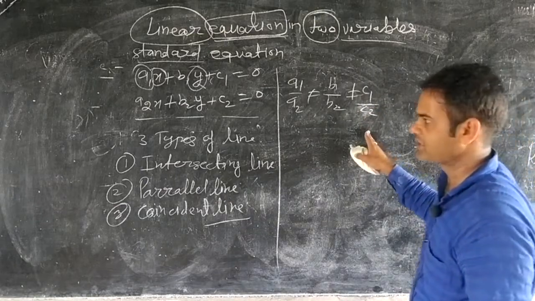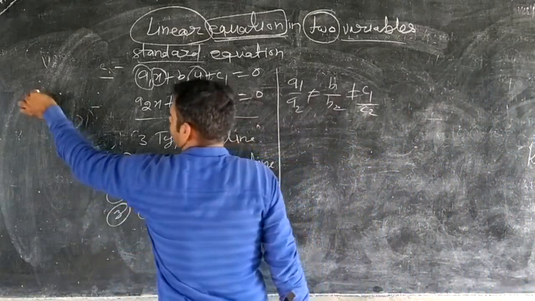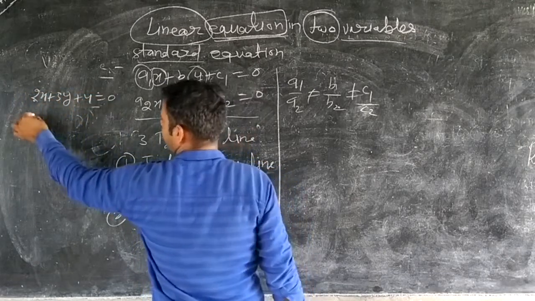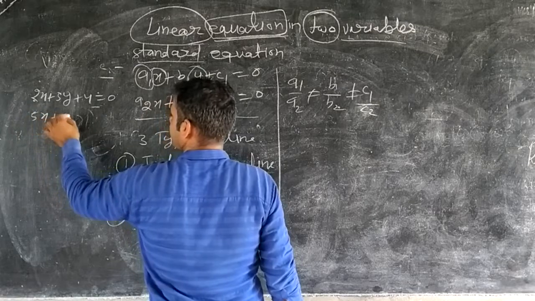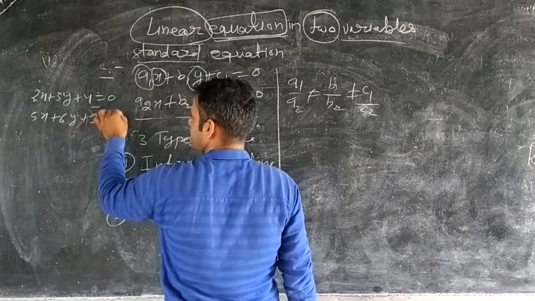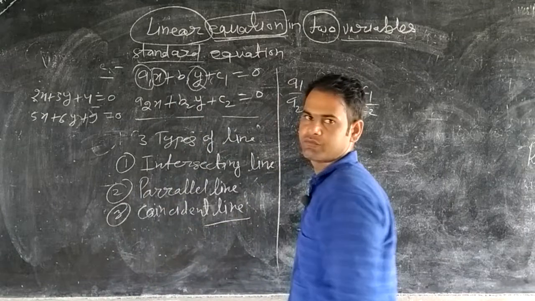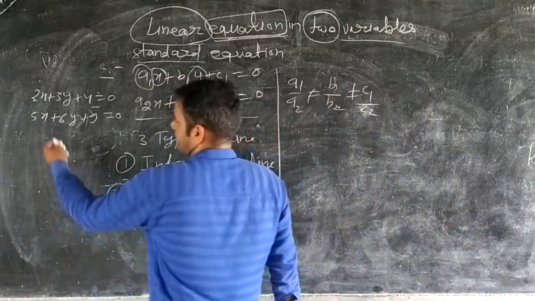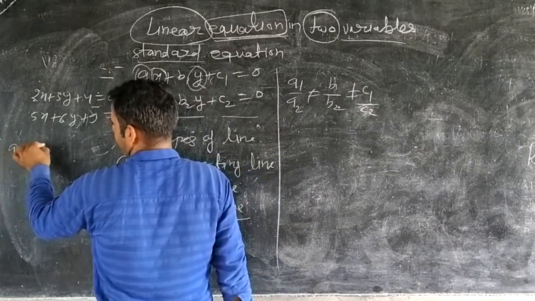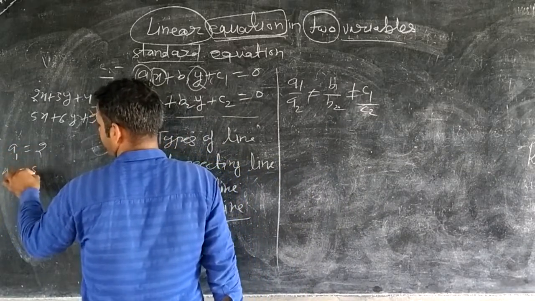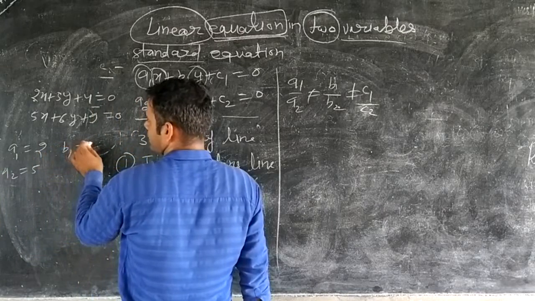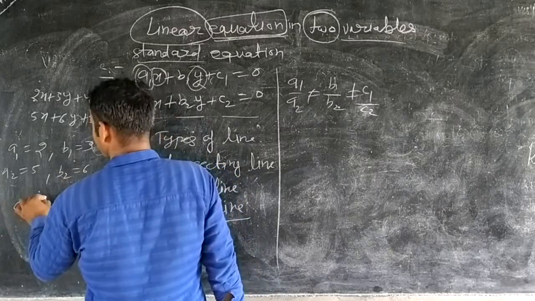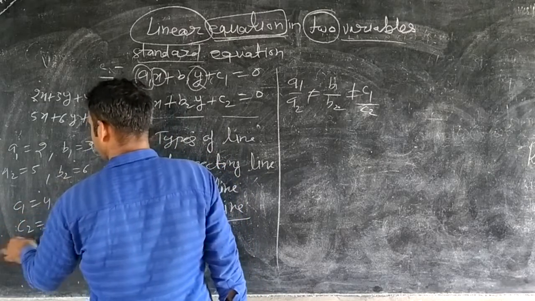For example, consider 2x plus 3y plus 4 equals 0 and 5x plus 6y plus 9 is equal to 0. Comparing with the standard equation: a1 equals 2, a2 equals 5, b1 equals 3, b2 equals 6, c1 equals 4 and c2 equals 9.